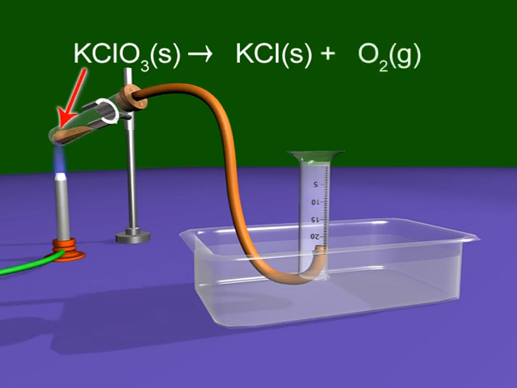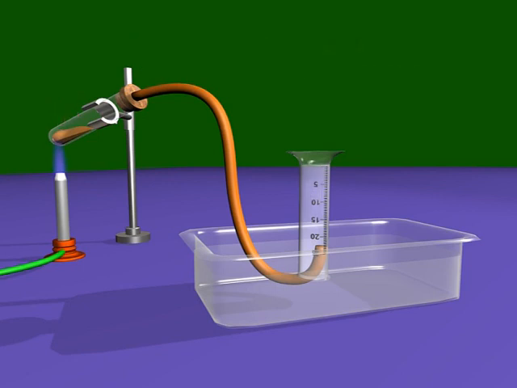MnO2 is added to speed up the reaction. The oxygen gas produced in the reaction can be collected by bubbling it through water and collecting it in a graduated cylinder. As oxygen gas is generated, the gas bubbles rise to the top and displace water from the cylinder.